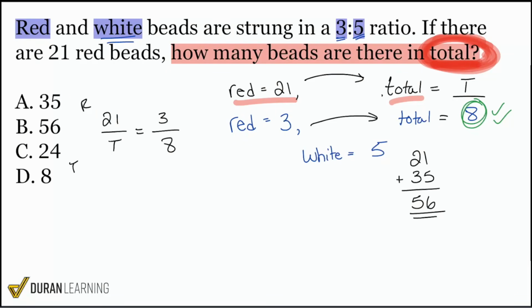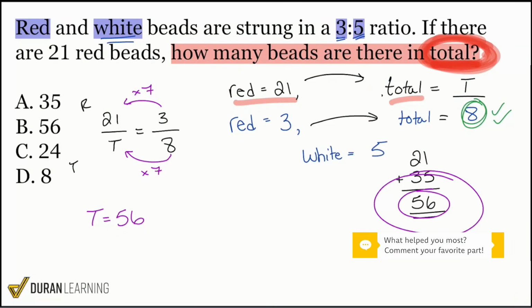And I noticed a convenient comparison. 3 times 7 is 21. Everyone, what is 8 times 7 going to be? 8 times 7, that's going to be 56. There's your total. There's your same correct answer, but in a much less annoying way. I hope you enjoyed that one because there's plenty more where that came from.